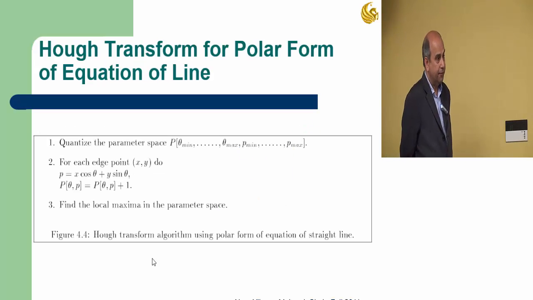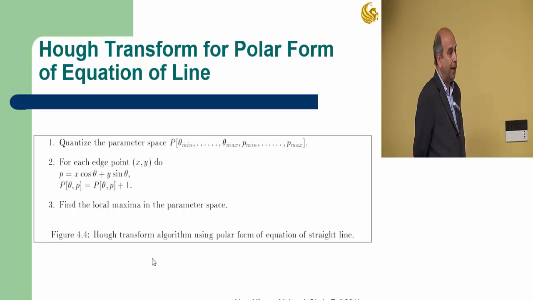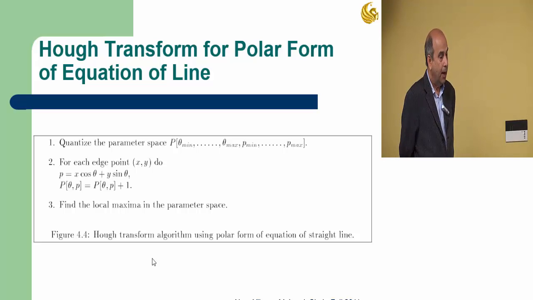Then the transform will again have an accumulator array, which in this case will be theta and p. We'll have different values of theta, which are finite, 0 to 360 degrees, and p, the perpendicular distance.